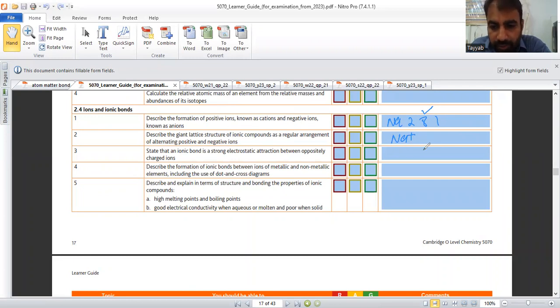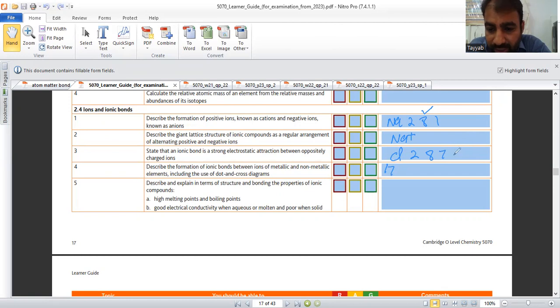And if we see chlorine, chlorine has electronic configuration 2, 8, 7. Total 17 protons or 17 electrons. So it requires one electron. It is easier to gain one electron instead of losing 7 electrons which are in the outermost shell.